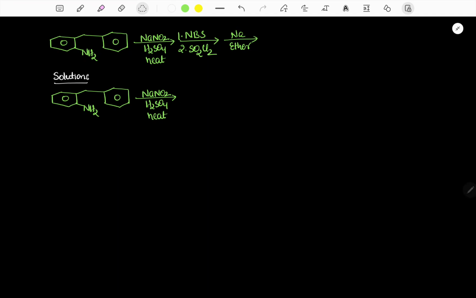The reactant has an aromatic primary amine treated with NaNO2, H2SO4, and heat is also given. So this reaction is diazotization. Here NH2 will be converted into N2+.